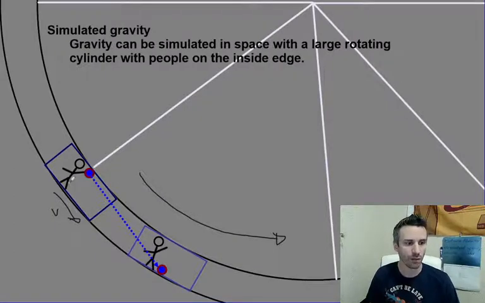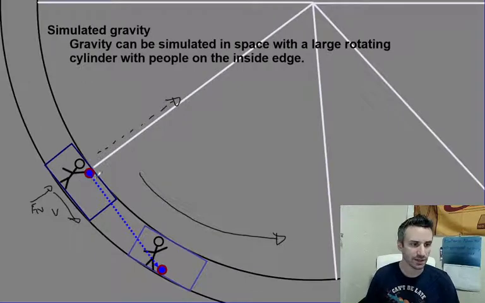The man, however, has a force, and it's actually a normal force from the bottom of the room. He has a force acting up towards the center of this circle. It's constantly changing its direction, but it's always towards the center of the circle.